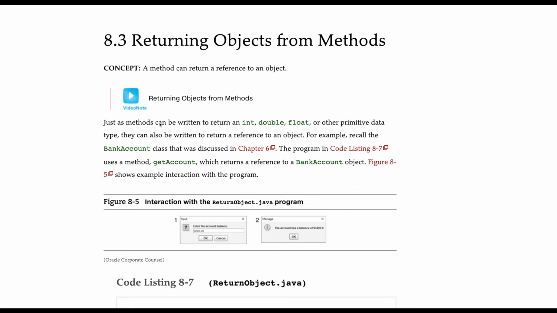The less time a textbook spends talking about something, probably the more important it is. Just as a caution here, I would rename 8.3 creating objects as returns from methods.